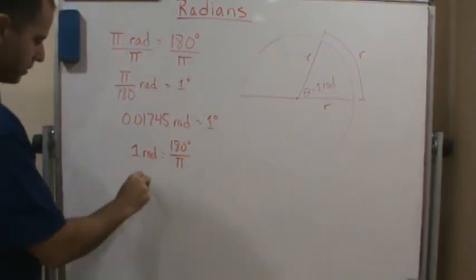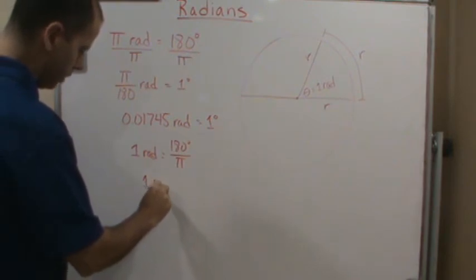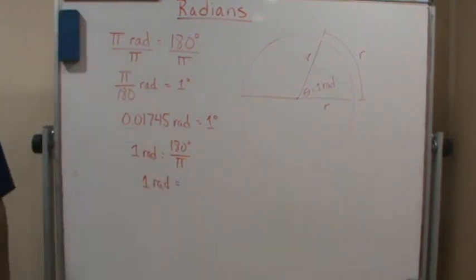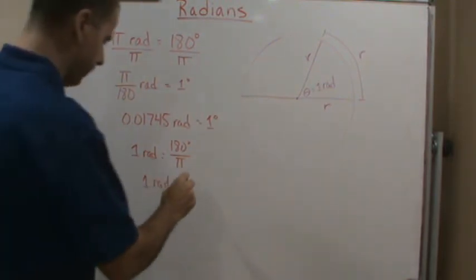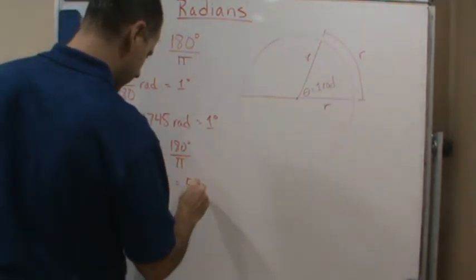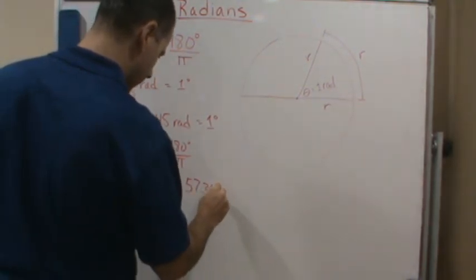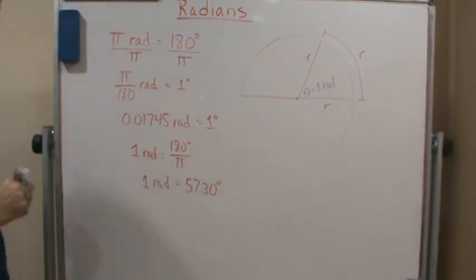So 1 radian equals approximately, and again we're using 4 significant digits here, with our rule of thumb that we talked about earlier, to the hundredths place, 57.30 degrees. Okay, so there are our conversion factors.